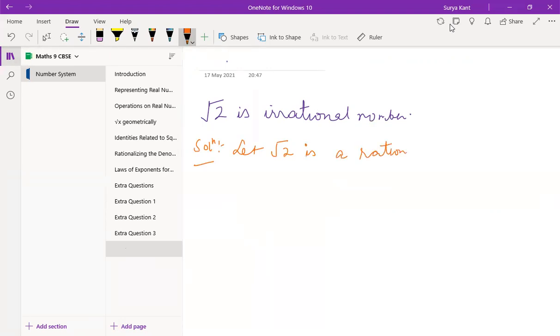Think first. You should state the property of a rational number, and when that does not match, later on you can say it is an irrational number. First, let root 2 be a rational number. So if this is a rational number, it means root 2 is equal to what?